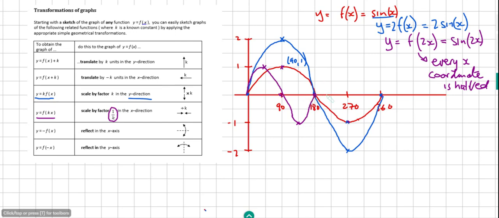And if I continue in the same way, then we can see that it's as though it's the original graph drawn in red there, but it's been squashed in the x direction. And that has had the effect of doubling the frequency of this sine graph.